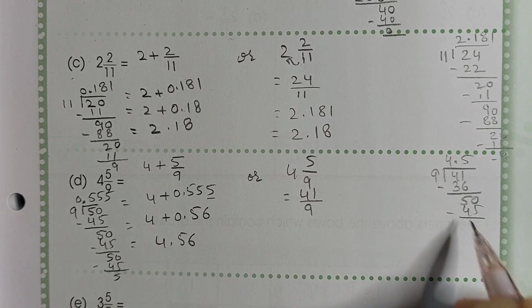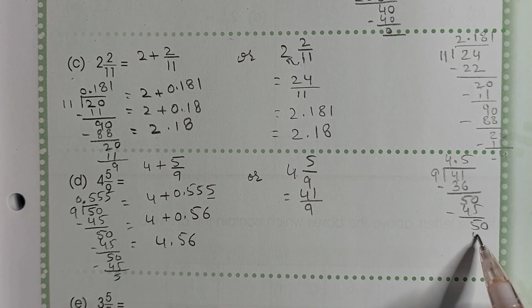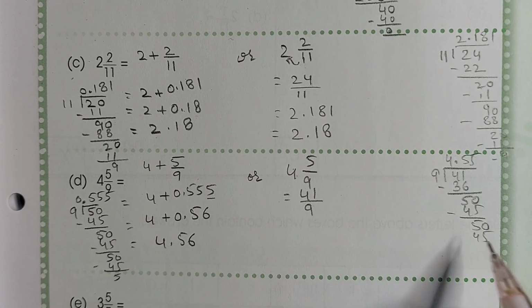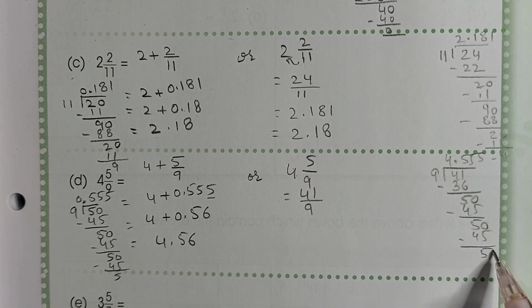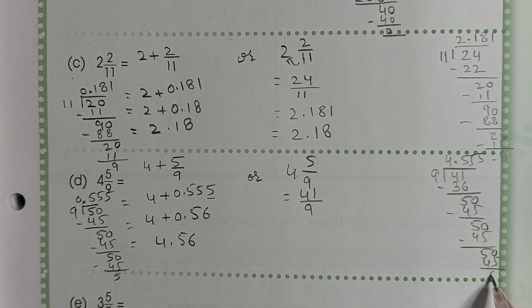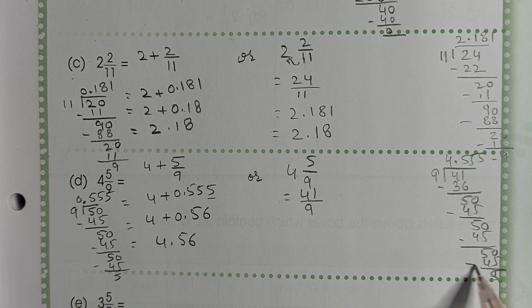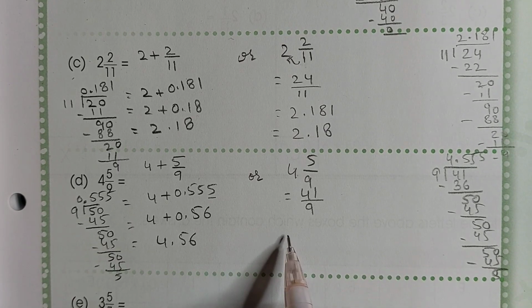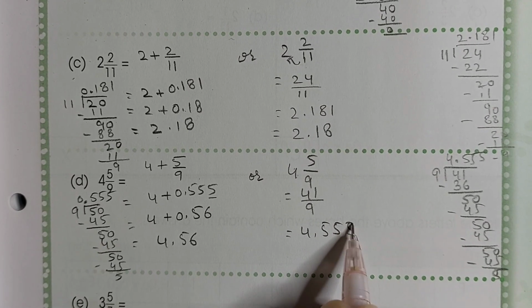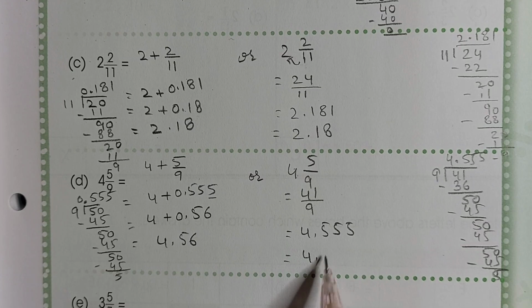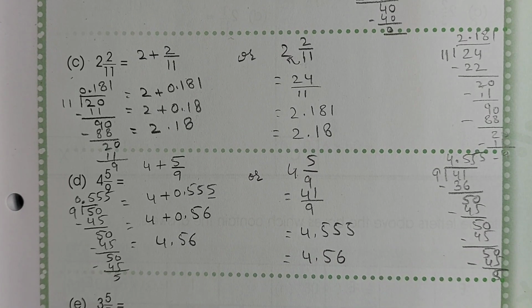Again the same division. 5, again add 0, 45. Then again 5. Again 5, add here 0, 45. So 5 here. So what we will get? We will get 4.555. When we round it off, it will become 4.56. And we want our answer in 2 decimal figures.